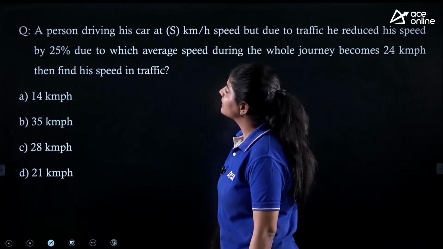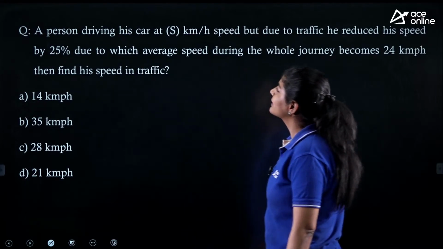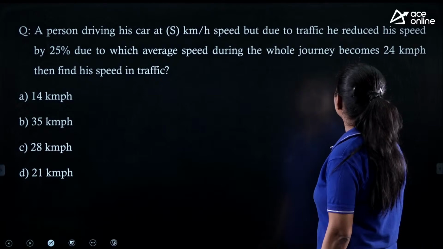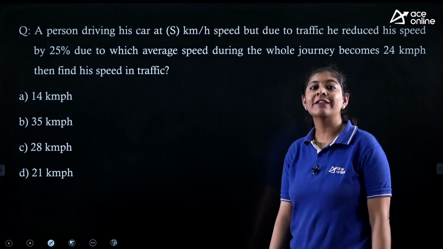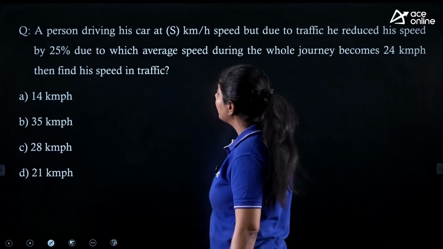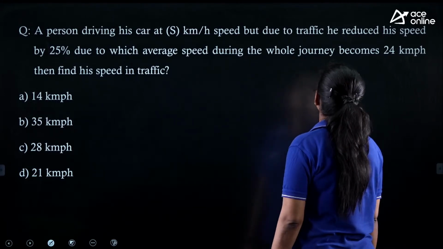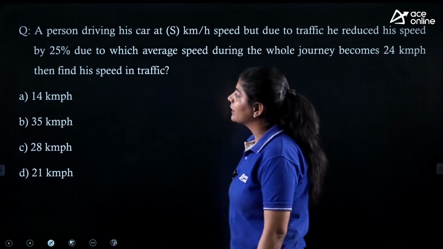The next question says that a person driving his car at S kilometers per hour speed, but due to traffic, he reduces speed by 25%. Due to which the average speed during the whole journey becomes 24 kilometers per hour.